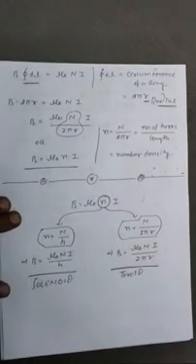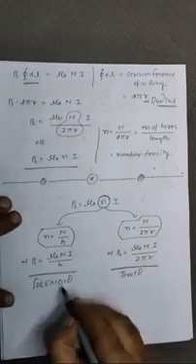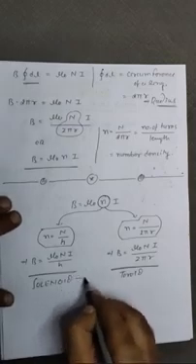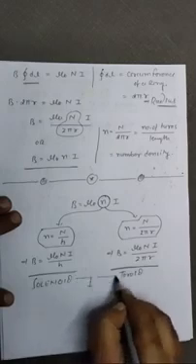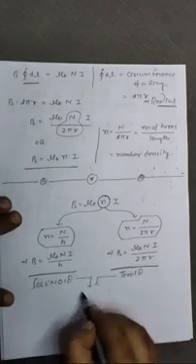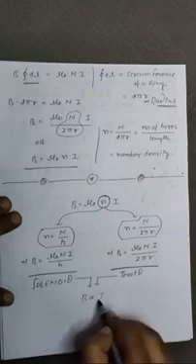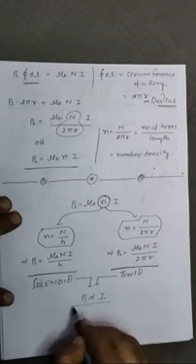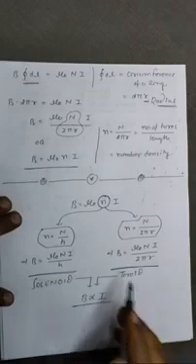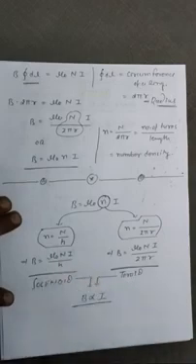Okay? Have a look. Clear? For solenoid and toroid, one thing is also common. That means magnetic field is directly proportional to the electric current passing through the solenoid or toroid. Got it?